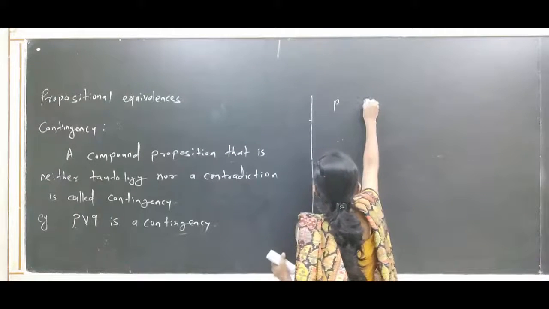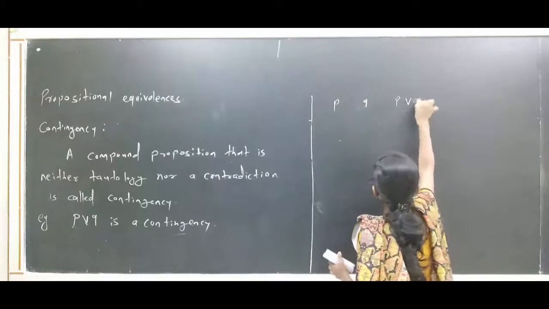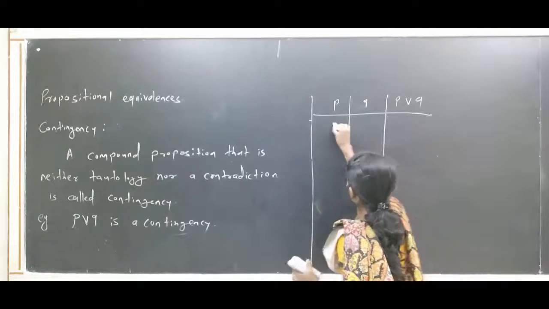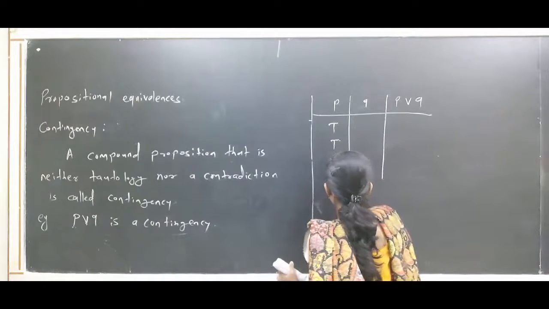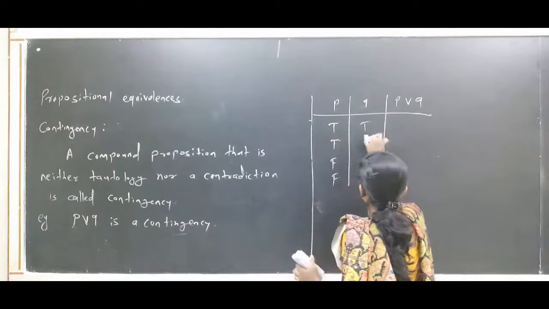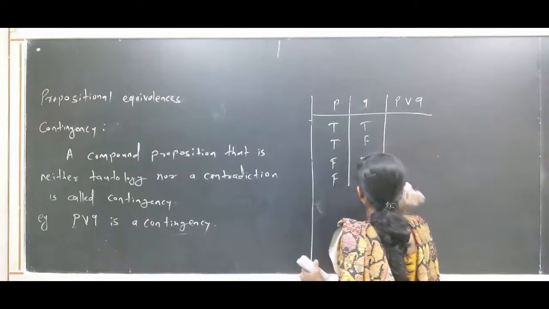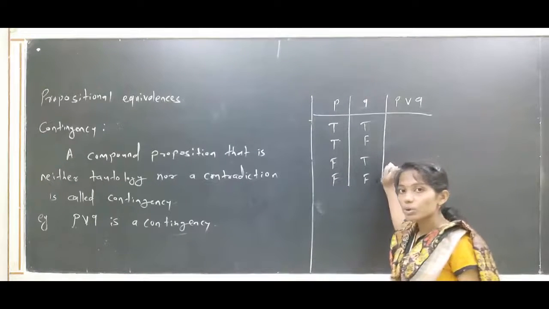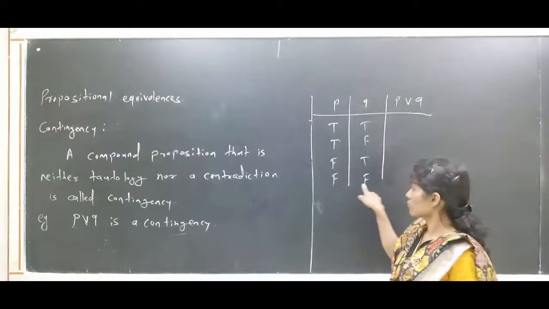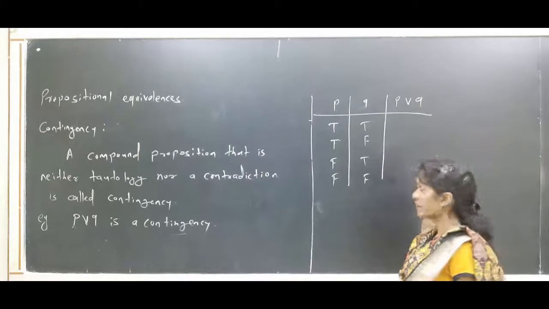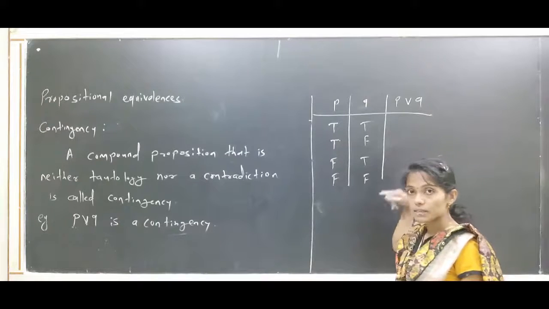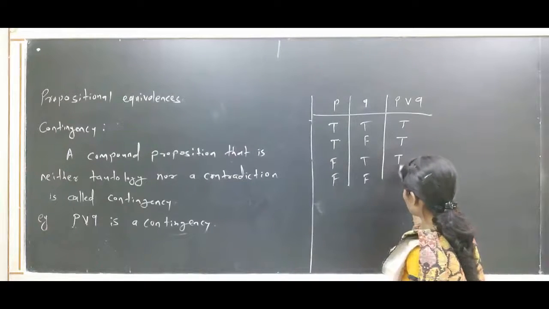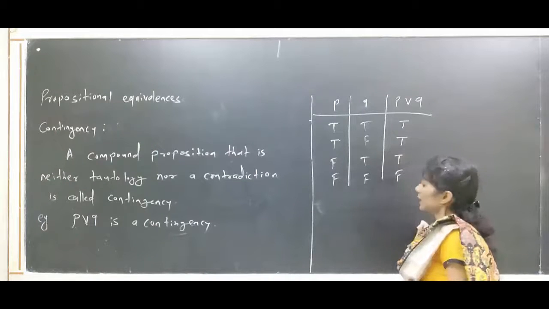P, Q, P or Q. True, true, false, false. True, false, true, false. In disjunction, when both the values of the propositions are false, then the disjunction is false. Otherwise all are true. So here we get T, T, T, F.